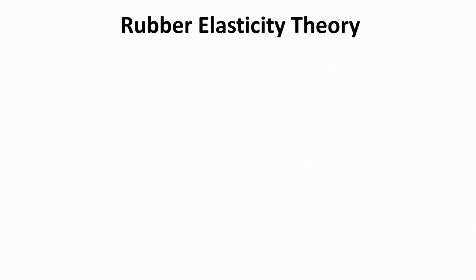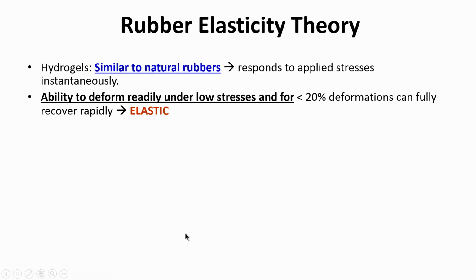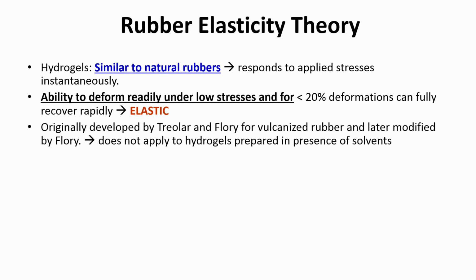Okay. So, continuing further with the rubber elasticity theory. Hydrogels are again similar to natural rubbers, so their ability to deform under low stresses is readily changed. They can be considered to be essentially elastic. Right now we are talking about how this rubber elasticity came up.